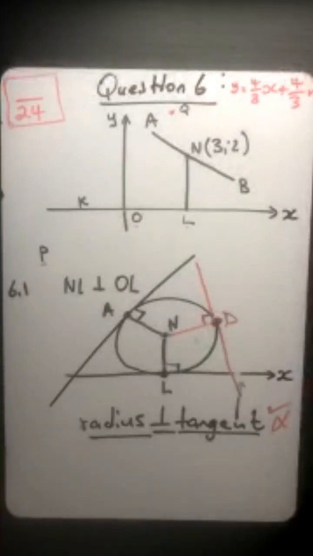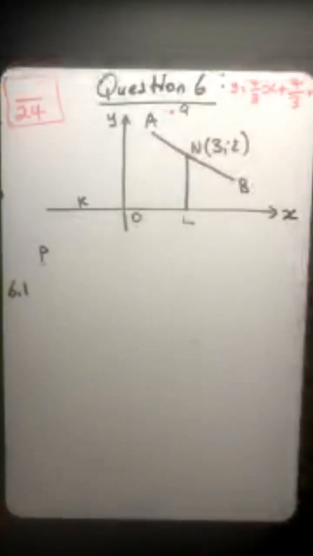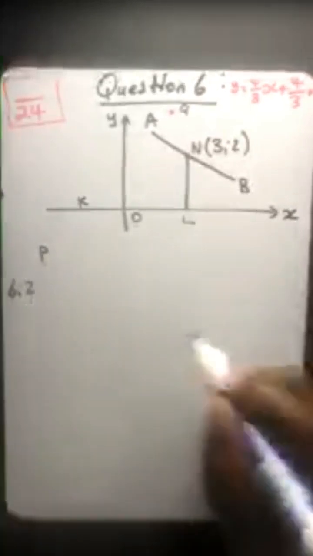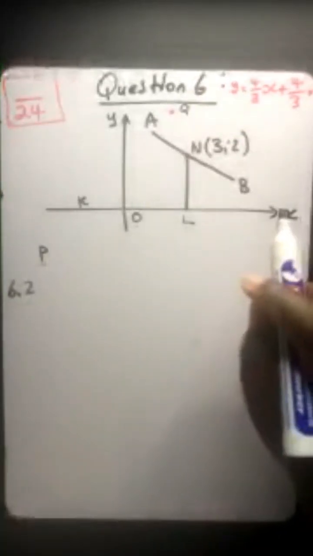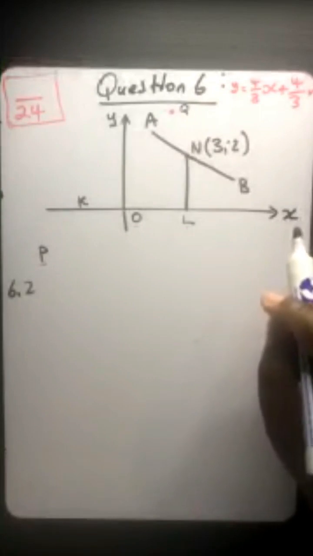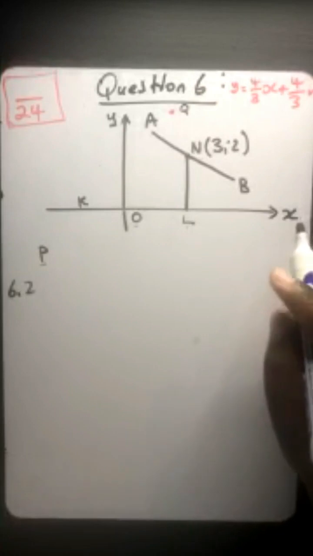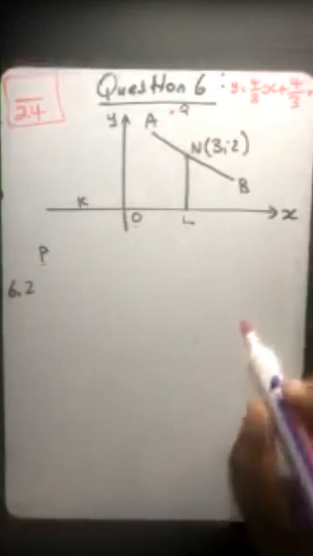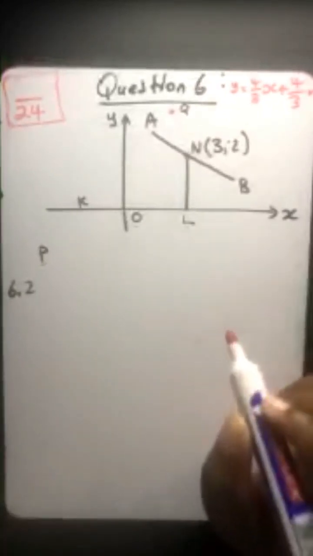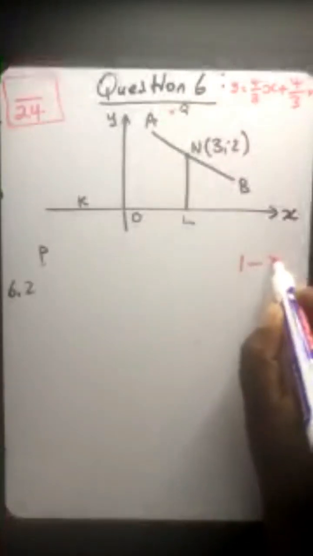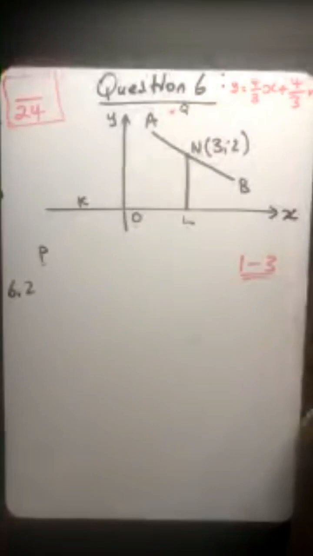So very quickly, let's now move on to the next question and see if we can also score some marks on that question. 6.2 says determine the coordinates of L. Most importantly, remember, guys, under analytical geometry, if you are allocated 1 or 2 or 3 marks, just know you don't need to think deep.